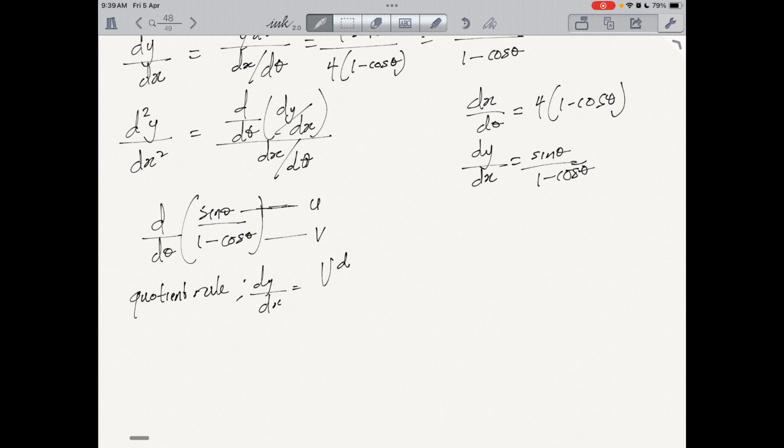Let's stick to theta. So dy/d theta is v du/d theta minus u dv/d theta divided by v squared.